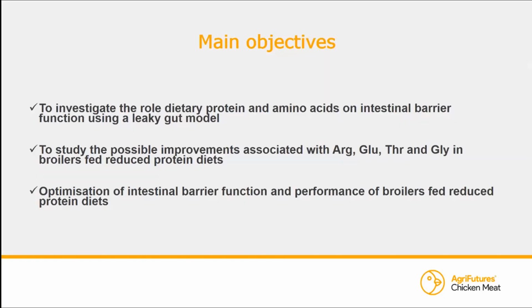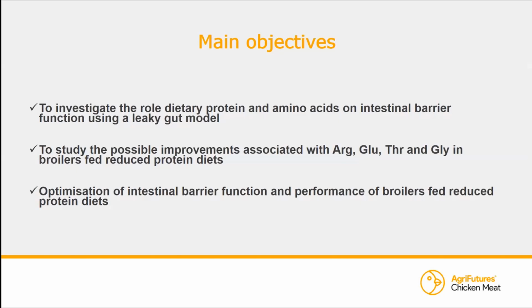As a main objective of the project, we wanted to see whether dietary protein, in the concept of reduced protein diets, and amino acids can impact intestinal integrity using a barrier dysfunction model.